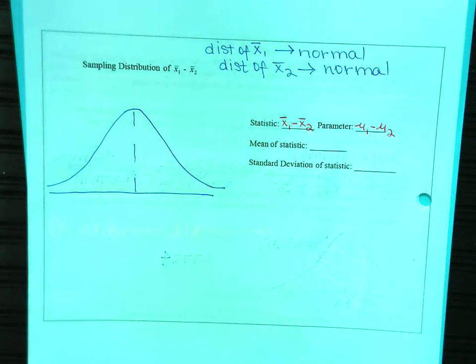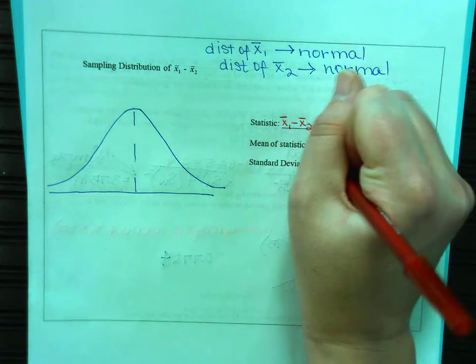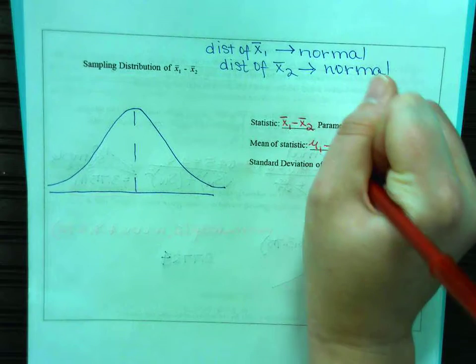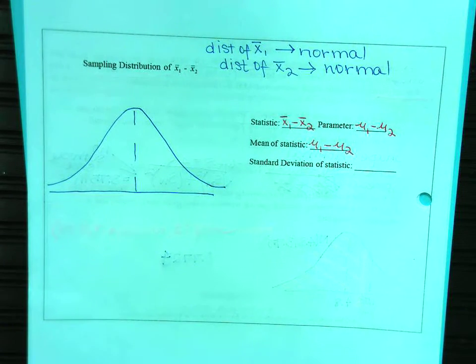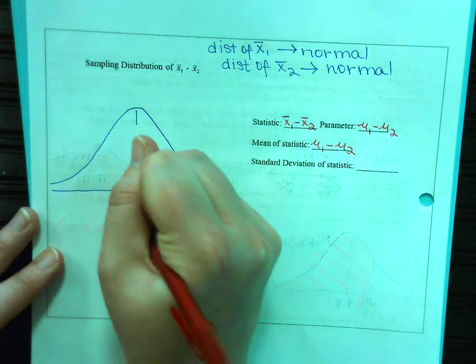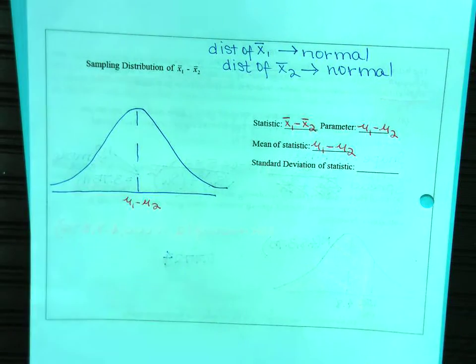And if our statistic is a good measure of the parameter, what is the mean of our statistic? It would be the mu minus mu. So what would be at the center of our distribution? Mu 1 minus mu 2.